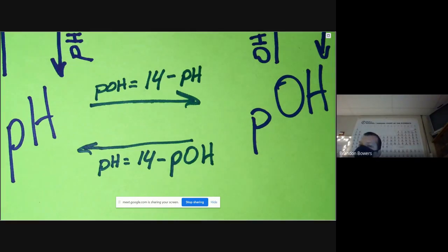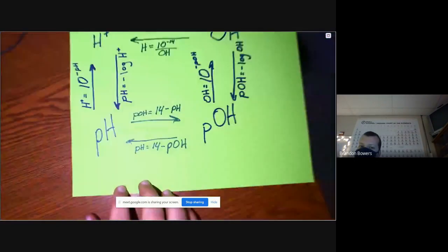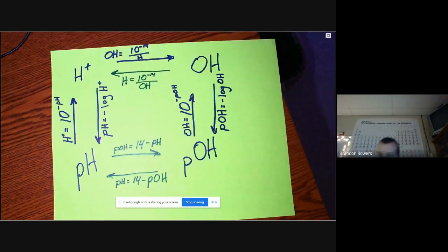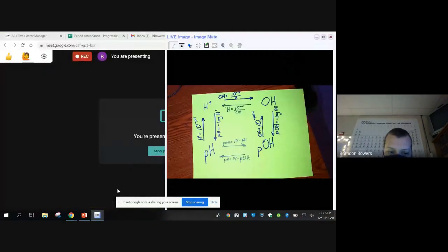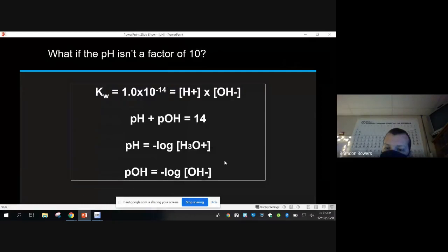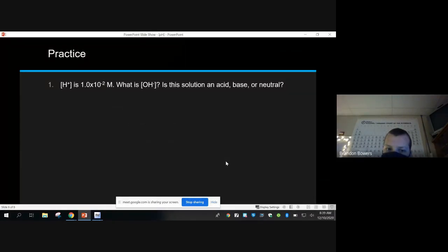So we have 8 different equations. That's a lot. Now, what we should be able to do is, from this information, calculate all the different things.